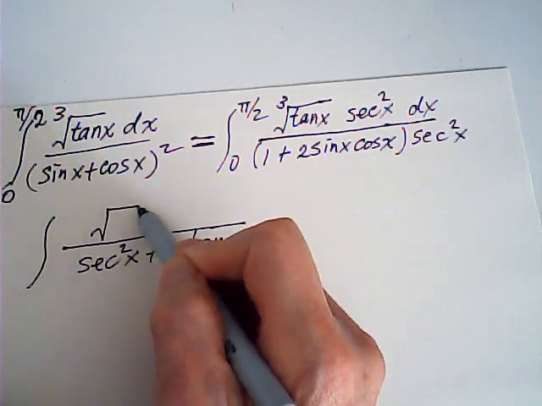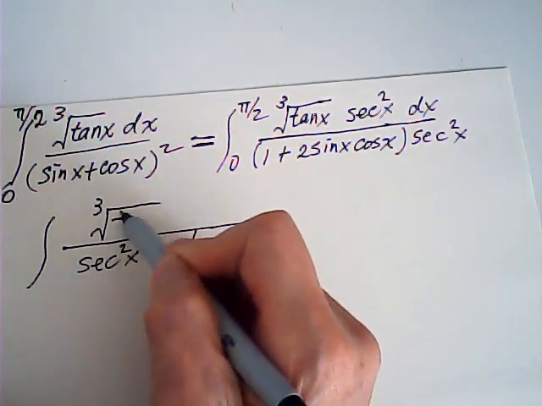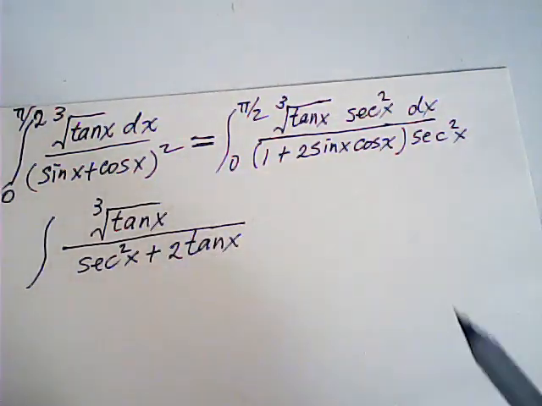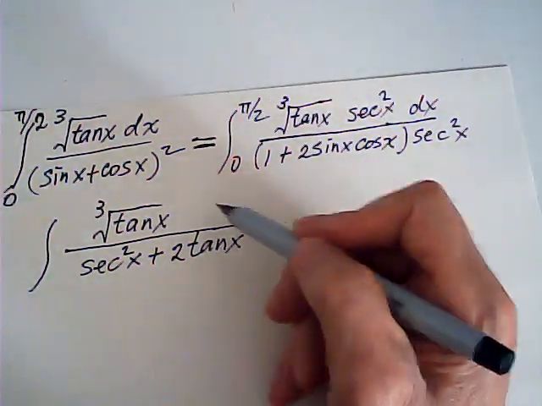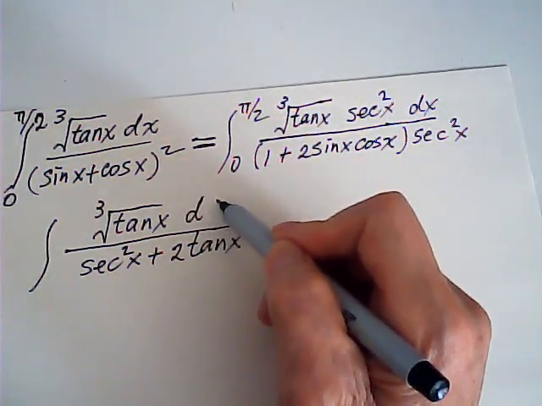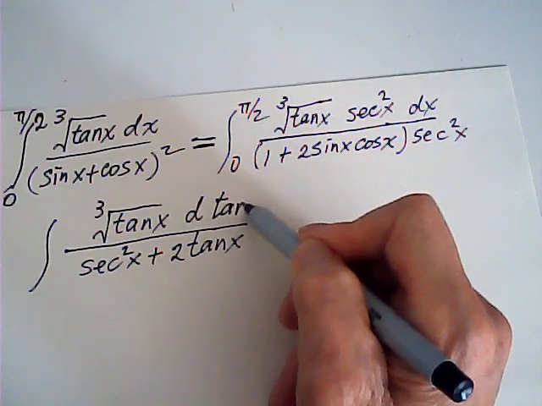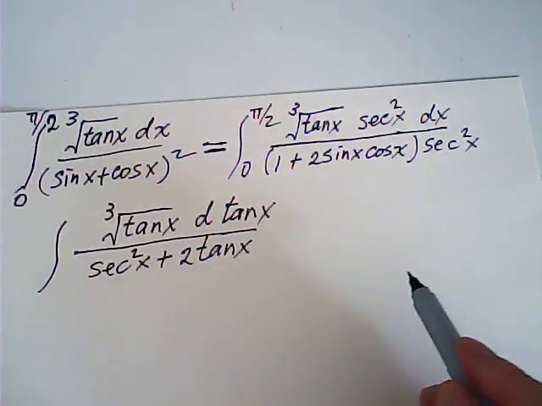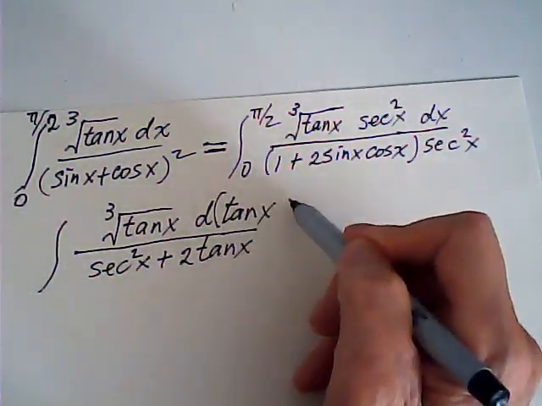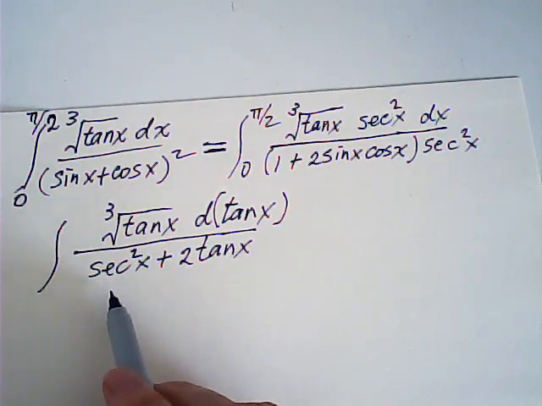On top, this is the cubic root of tangent, and this is the derivative of tangent, right? So everything is almost in tangent. The 1 could be written as 1 plus tangent square.